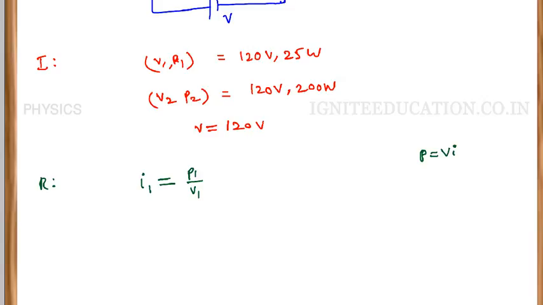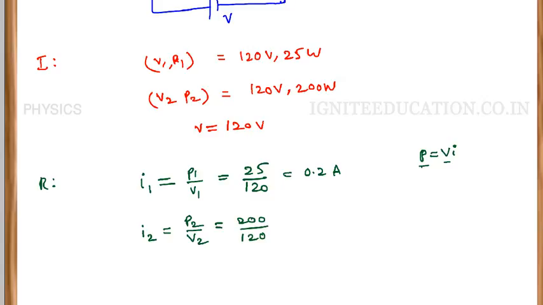With the given power and voltage, I am finding the current. For the first bulb it is 25 watts by 120, which is nearly 0.2 amperes. And for current 2, it is P2 by V2, that is 200 by 120, which is nearly 1.66 amperes.